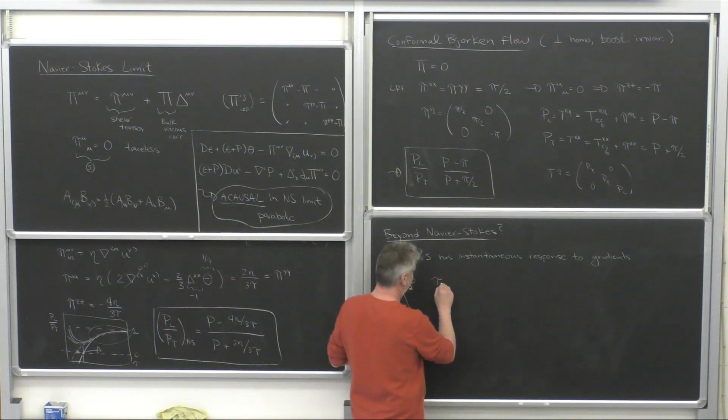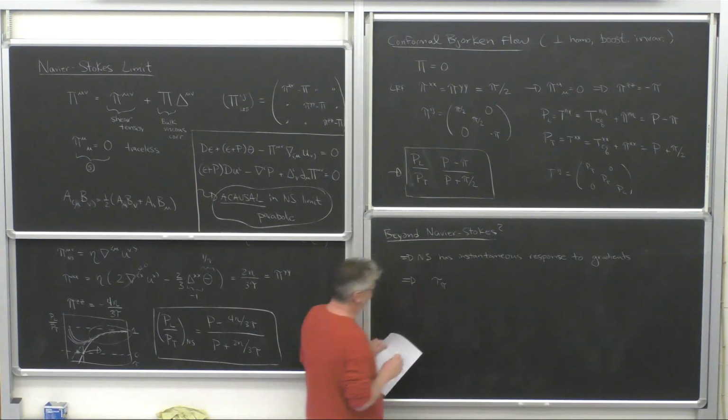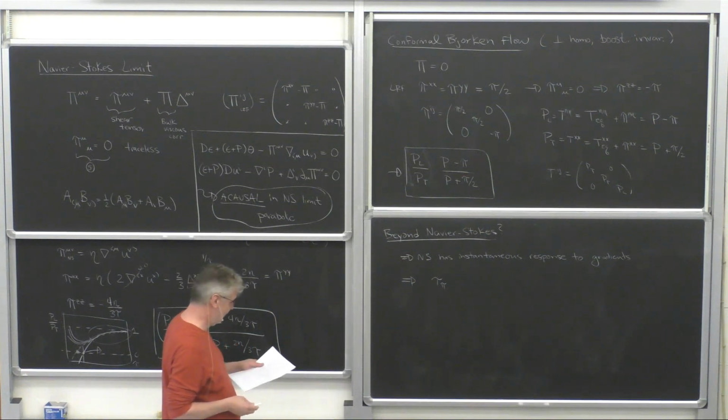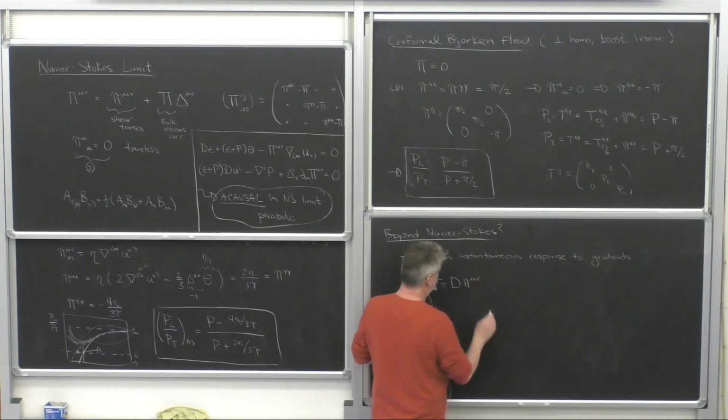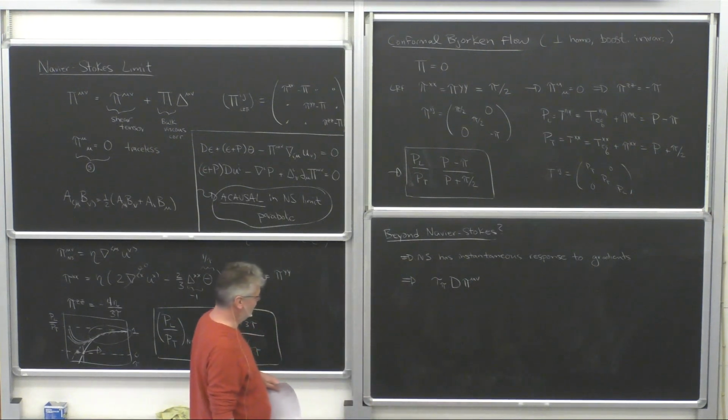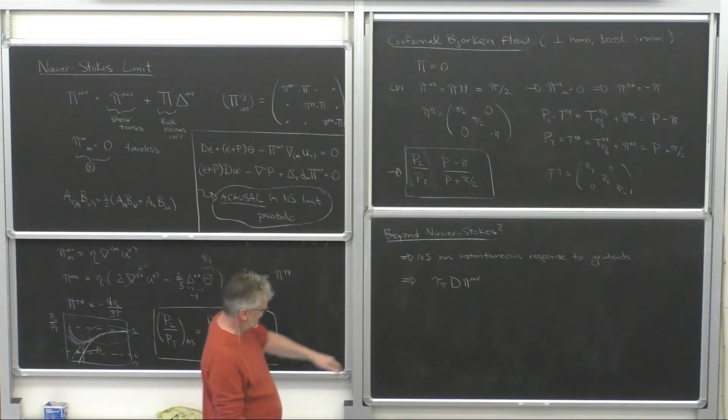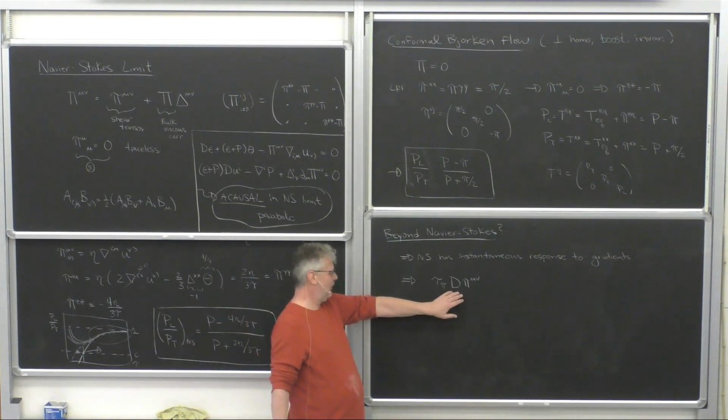I'm going to introduce some time scale, which I'm going to call the shear relaxation time scale. And I'm going to write down a co-moving derivative equation for this. Now remember, you can sort of think of this as a fancy time derivative, right?